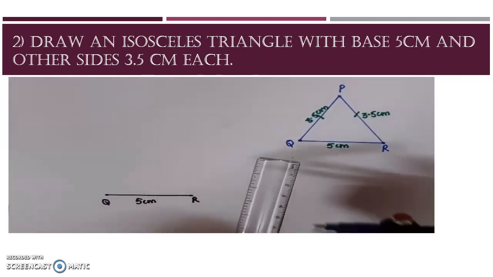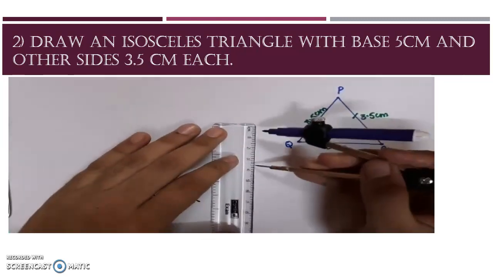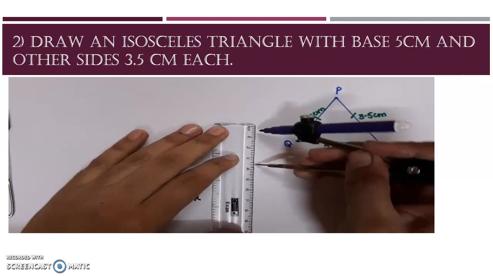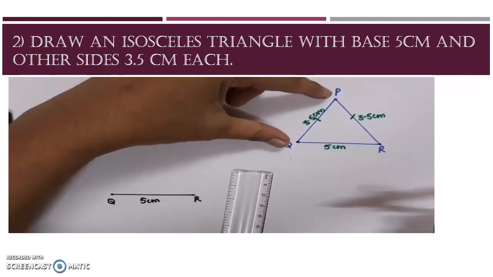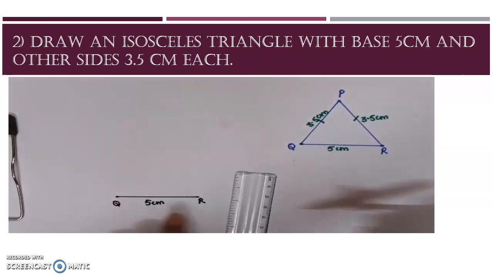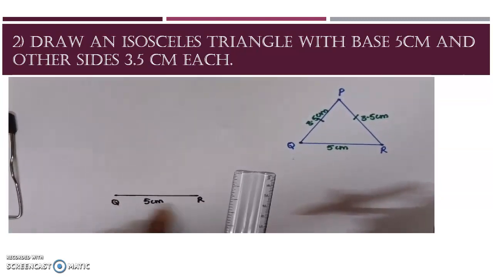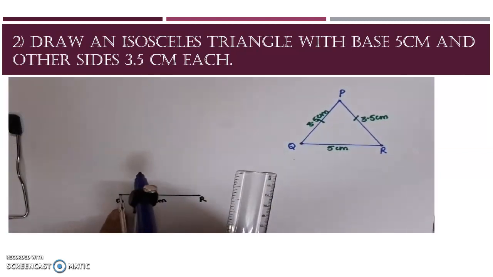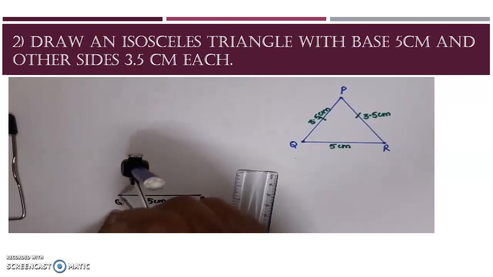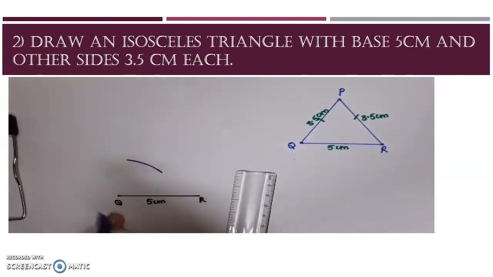So we will take a compass and we will open 3.5 centimeter. Now as we are drawing PQ 3.5 centimeter, in this segment I don't have point P anywhere but I have Q. So I will keep my compass on point Q and I will put one arc.